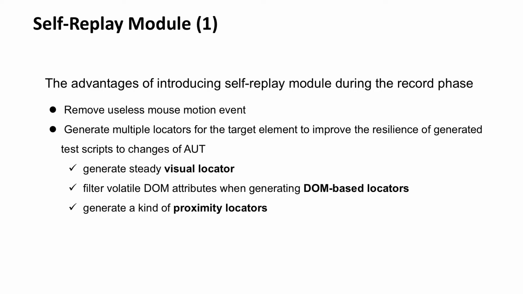Firstly, by checking the effect after triggering each event, it can remove useless mouse motion events automatically. Secondly, it can generate multiple locators for the target element to improve the resilience of the generated test scripts to the change of the application, including the visual locator, multiple DOM-based locators, and a new kind of proximity locators.